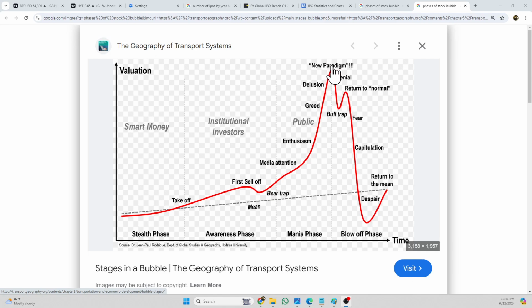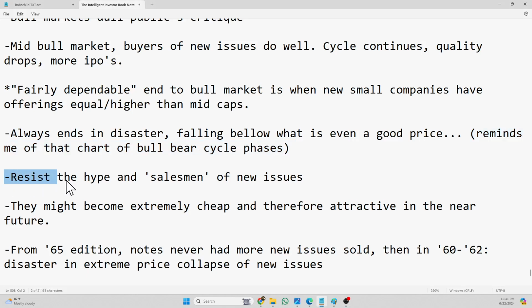And you literally hear people saying that still today, that we're in different times. And then we have a dip, the denial, bull trap. All right, we're returning to normal, and then we eventually go into fear, capitulation, and then that really drives things down into despair, where things get actually way below the price that they really should be, before returning to normal price again.